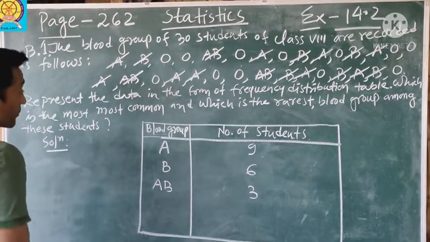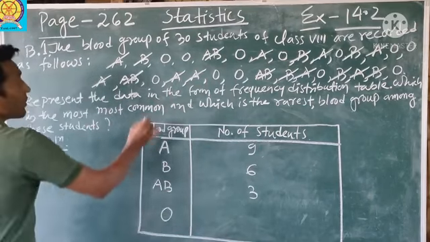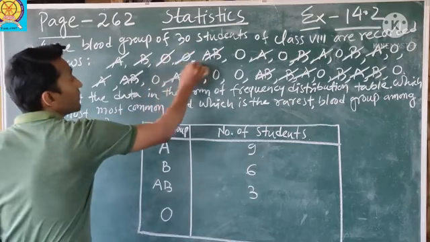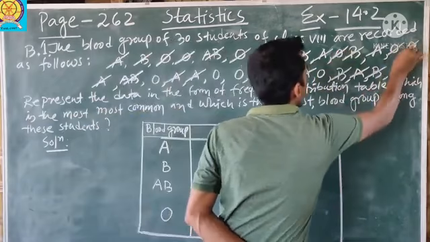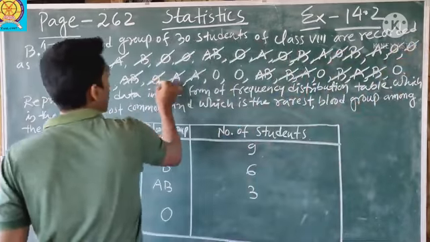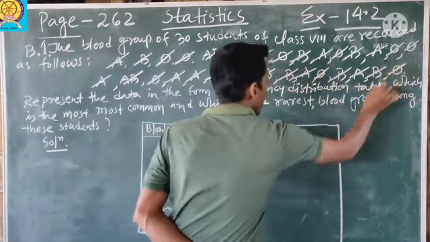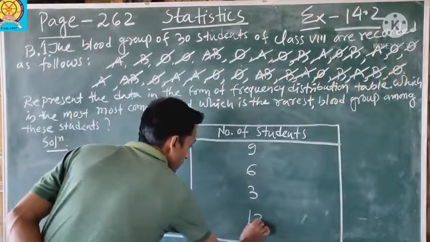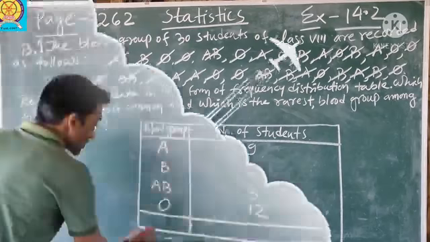And the last blood group is O: 1, 2, 3, 4, 5, 6, 7, 8, 9, 10, 11, 12. Total 12 students have blood group O.